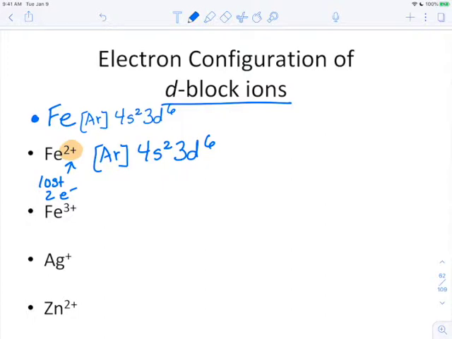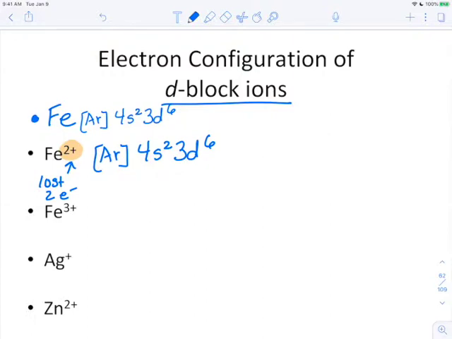So we need to take 2 electrons away. Our rule was we take them from the highest energy level, the largest number that we've got. So do we remove them from the 4s or the 3d? I'm hearing some votes for the 3d.